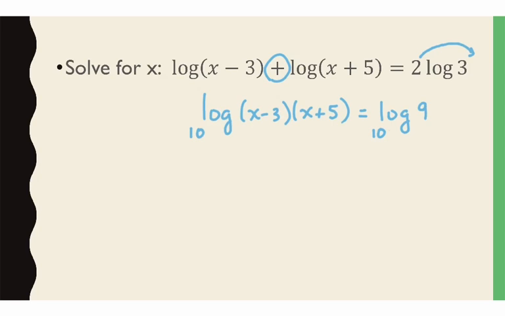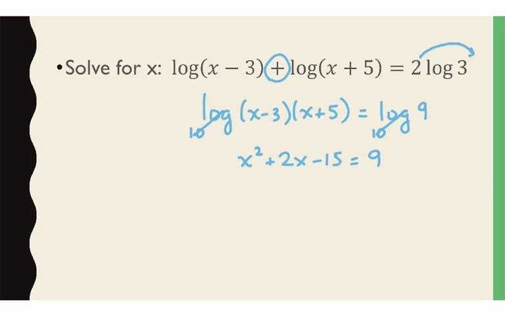This is legal because that will cause the log and the 10 to cancel out. So what I have now is that set of two factors equaling 9. And in fact, I'm going to FOIL out the x minus 3 and the x plus 5. So here we go. So we have x squared plus 2x minus 15 equals 9. So we've accomplished what we wanted to, but in this case, a little bit differently. We didn't switch to an exponential form. What we did was to exponentiate each side, which is completely legal as long as you're down to one log on each side, which I was.